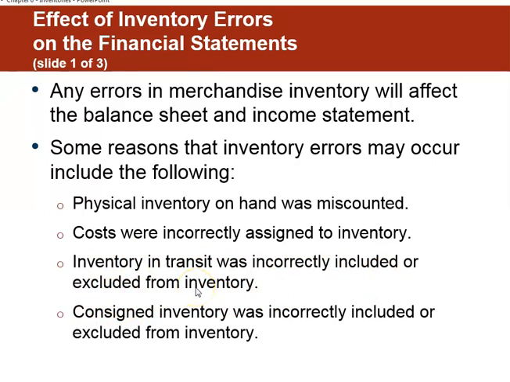This is going back to our discussion. Remember FOB shipping point, FOB destination. So this is only a problem if we talk about annual financial statements. This is only a problem at the very, very end of the year, but it can still be a problem. And then finally, consigned inventory was incorrectly included or excluded.